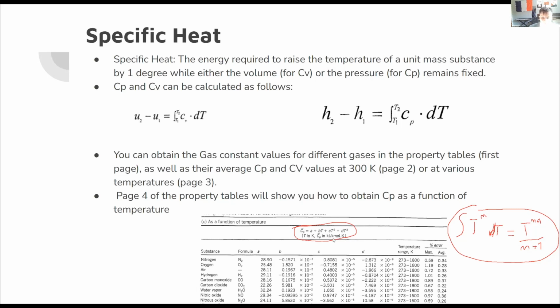We usually don't use kilomole. We like to use kilograms instead. You'll usually be given a constant that allows you to switch from kilojoule per kilomole Kelvin to kilojoule per kilogram Kelvin, which is also something we saw last week.